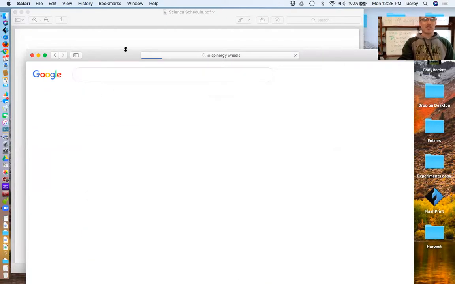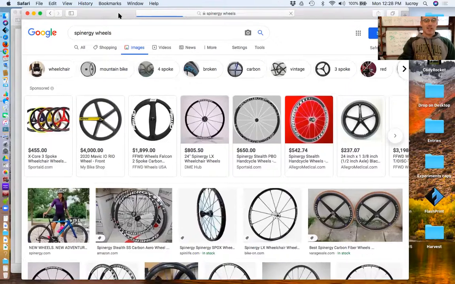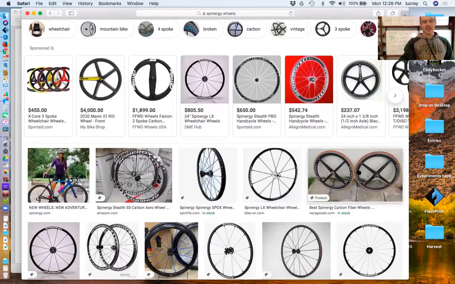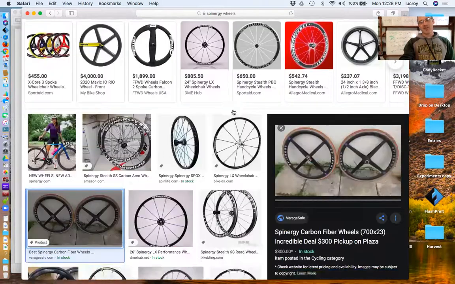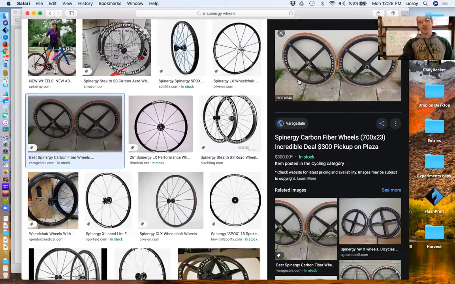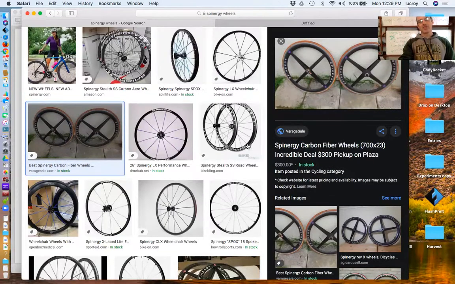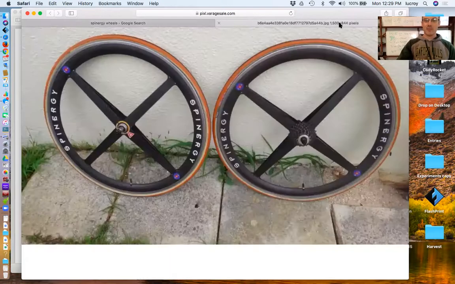Let's look at the images. So these were the road versions. Oh, here they are. This was the coolest thing you could get on your bike. You were flexing really hard if you showed up to the town bike ride with a set of these on your bike.